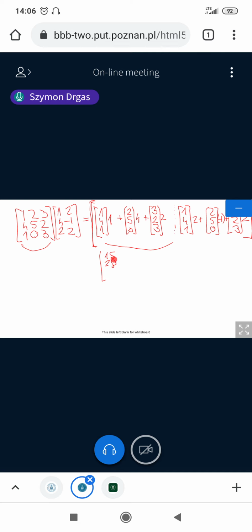Then we have 1 plus 0 plus 6, which is 7. And the second column is 2 minus 2 plus 6. We have 8 minus 5, which is 3, plus 4 is 7, and 1 plus 6, 1 times 2 plus 6 is 8.